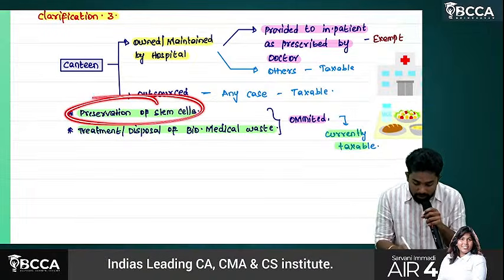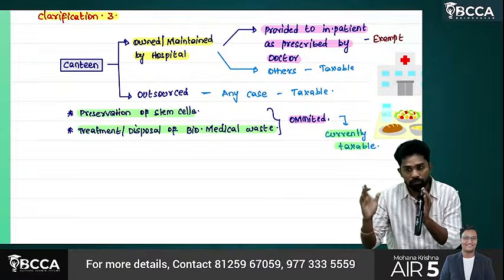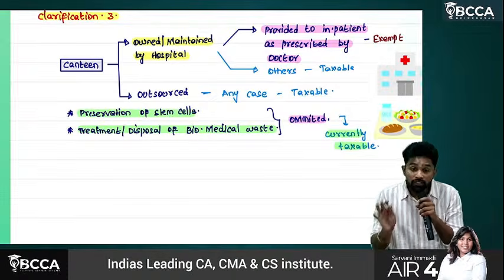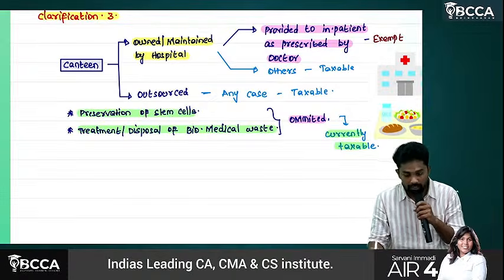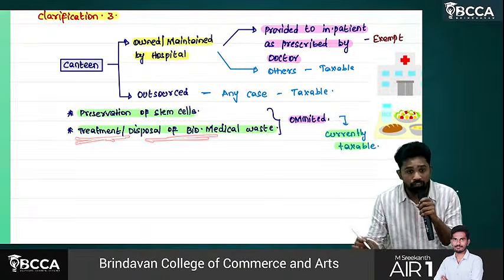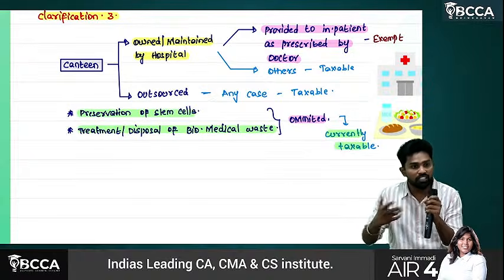This preservation is just like blood banks and eye banks. How do they preserve blood and all? The same way the stem cells will also be preserved. This service used to be exempted previously, but currently this exemption is omitted. The same way with treatment or disposal of biomedical waste. Medical waste cannot be disposed of just like normal waste.